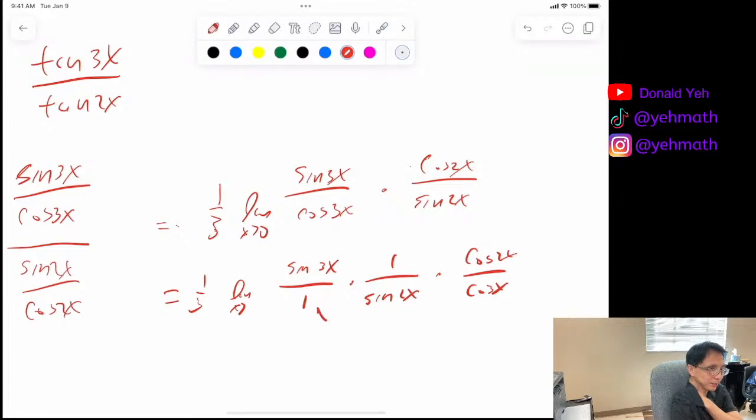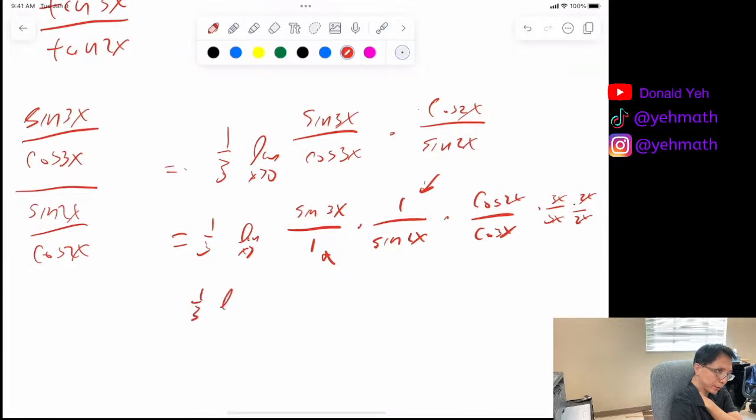What do I need here? 3x. What do I need here? So it'll be 3x over 3x, 2x over 2x, right? So it'll be 1/3 limit x approaches 0 of sine of 3x over 3x, and there's a 2x over sine of 2x times cosine of 2x over cosine of 3x.